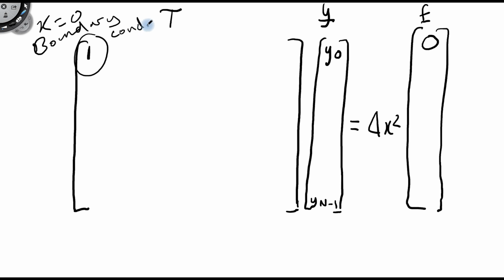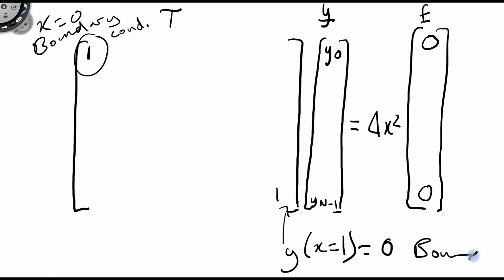And equally at the other end, if we put a 1 down there in the diagonal element, that gives the x equals 1 equals 0 boundary condition. That's good. That's the boundary conditions in place.